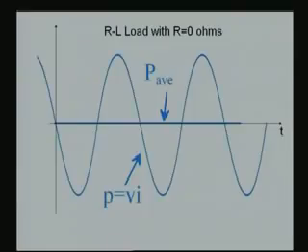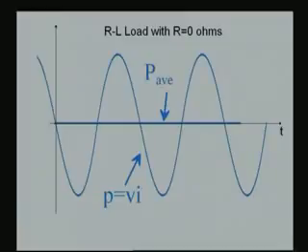Let us have a look at the effect of the resistance R on the power curve. What happens to the power curve in the RL circuit as R is varying? Now, that would be interesting.